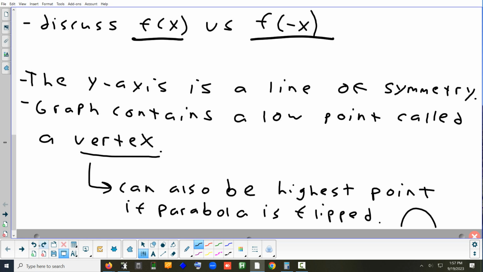So the first transformation we're going to look at is what happens when you graph something like x squared compared to 3x squared. What happens when you put a number in front of x squared? We'll type a couple in on the calculator and see what that looks like.